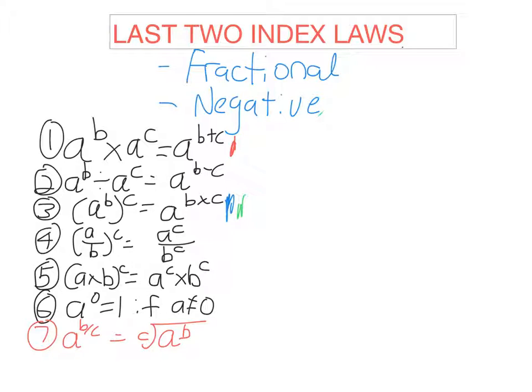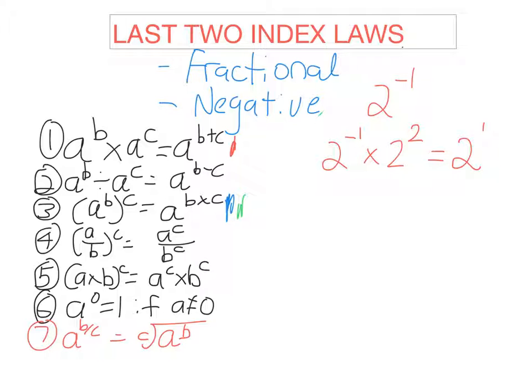So again, let's try a similar trick. So let's say I have 2 to the power of negative 1. Now it's probably natural for you to think, oh, this is going to be negative 2, but then it wouldn't be consistent with the other index laws. So I know, for example, that 2 to the power of negative 1 times, let's say, 2 to the power of 2. By the first index law, that's 2 to the power of negative 1 plus 2, which is 1.